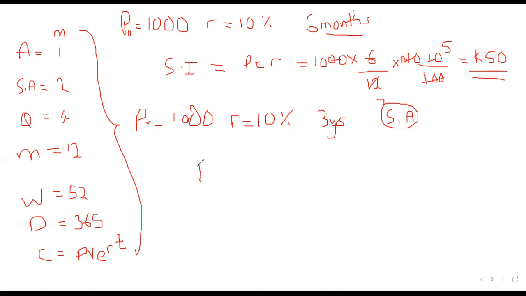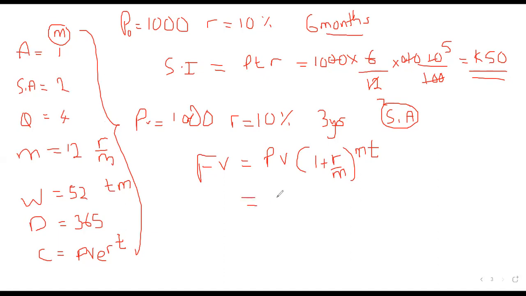We use a general formula, which is the future value is equal to present value times 1 plus R over M, to the power M times T. So whenever you're compounding, M is the number of compoundings. So the rate is always divided by the number of compoundings. The time is always multiplied by the number of compoundings.